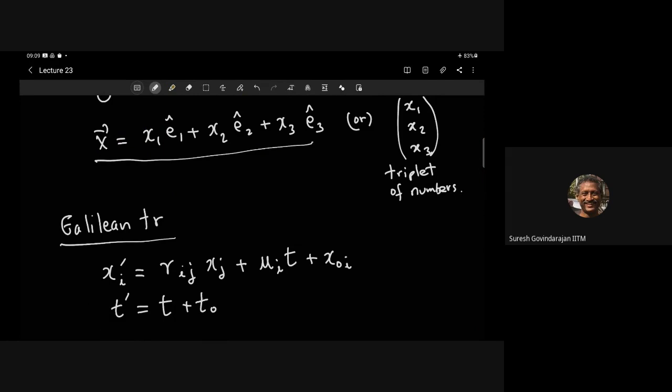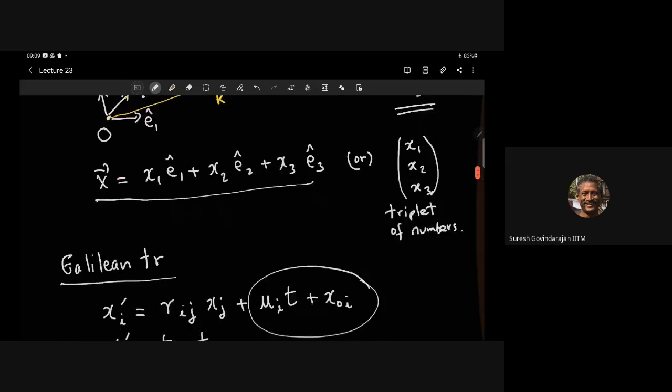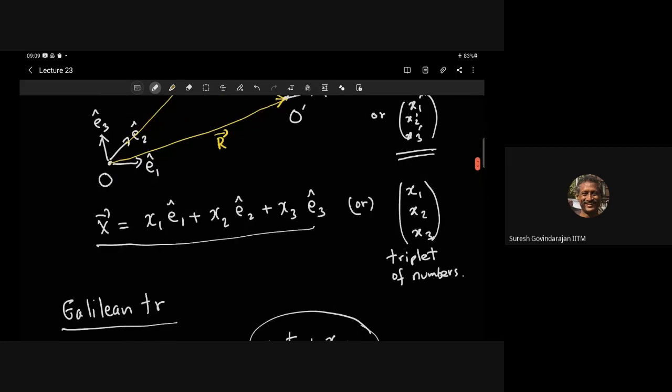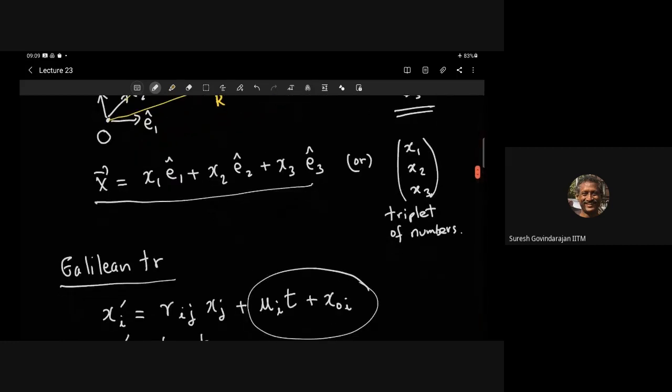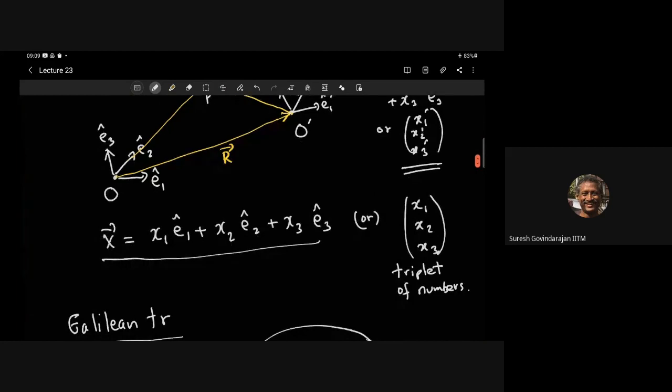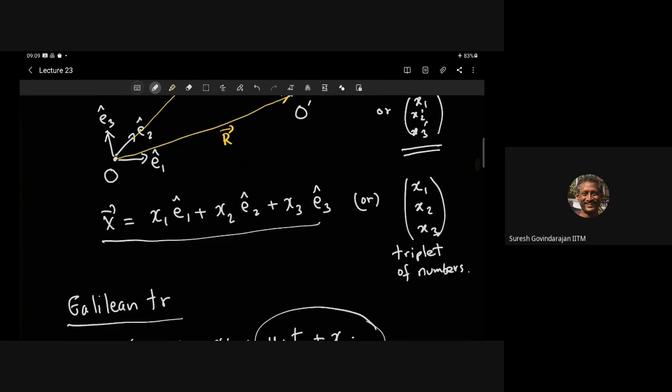Okay. So what I want to say is that up to some sign, this is the term which is like the... So you look at this. What it says is that O prime is moving with velocity minus u with respect to O. Right, the origin is moving away. So the observer O will say that O prime is moving with velocity minus u_i.